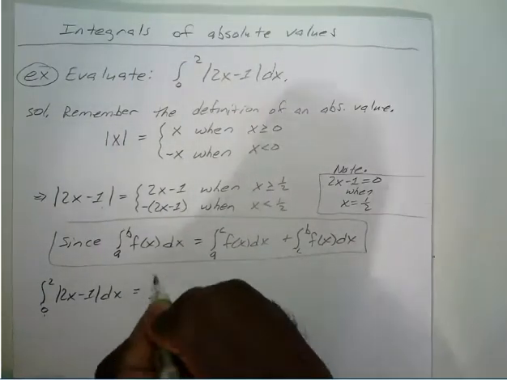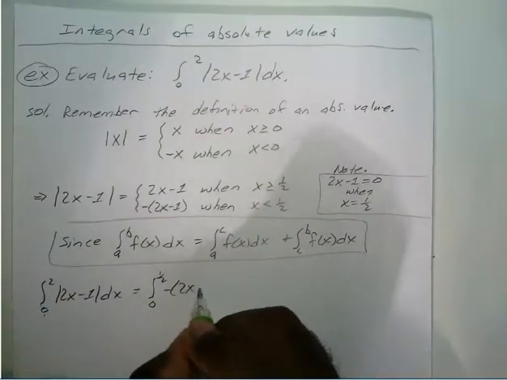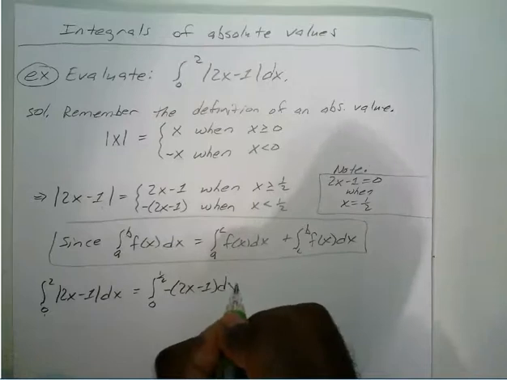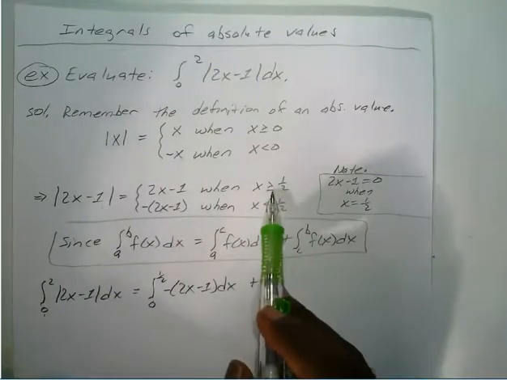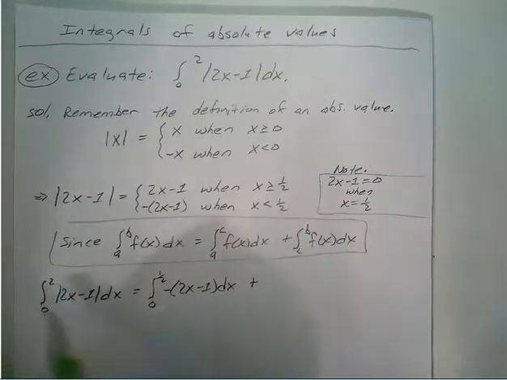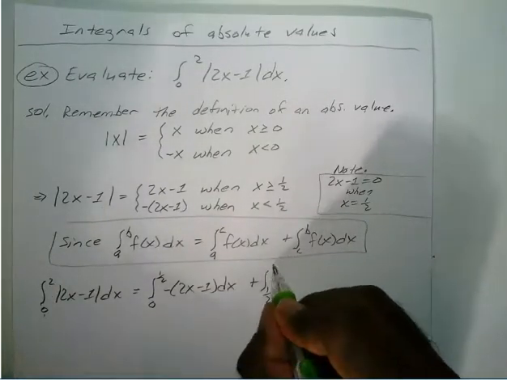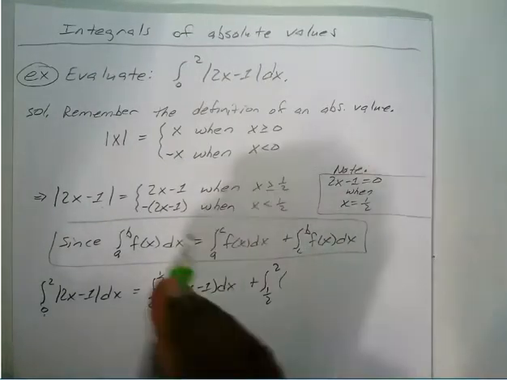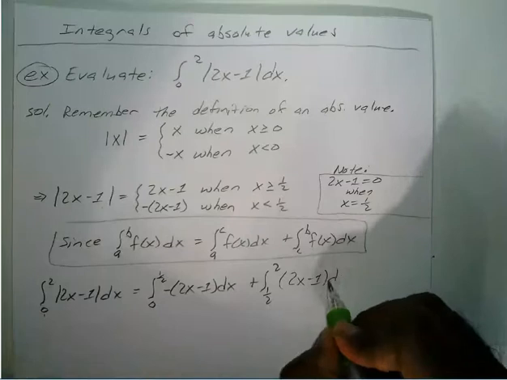So from 0 to 1/2, we're going to use the negative of 2x minus 1 with respect to x, plus then greater than 1/2, but we're stopping at 2, the integral from 1/2 to 2 of 2x minus 1 with respect to x.